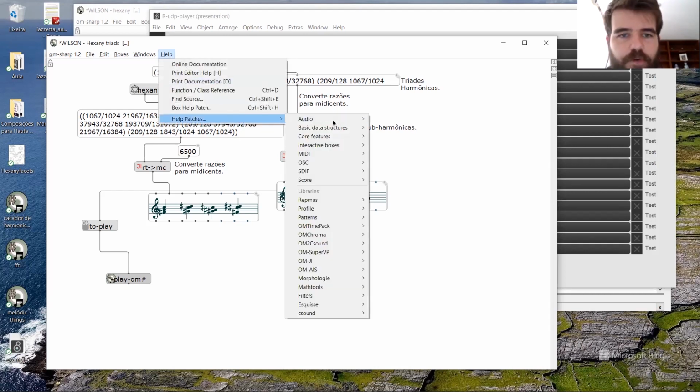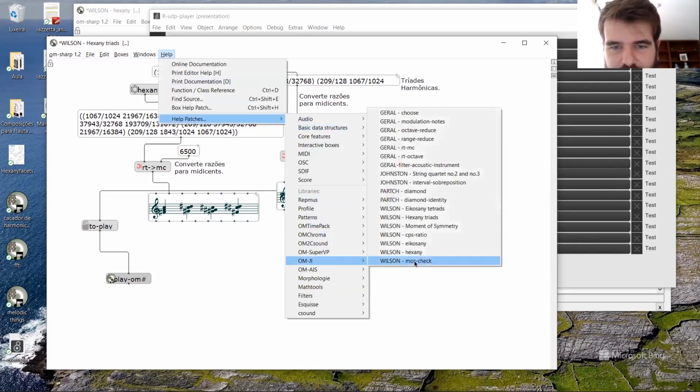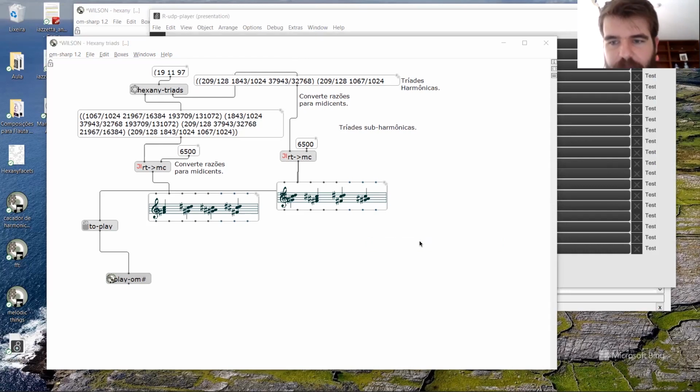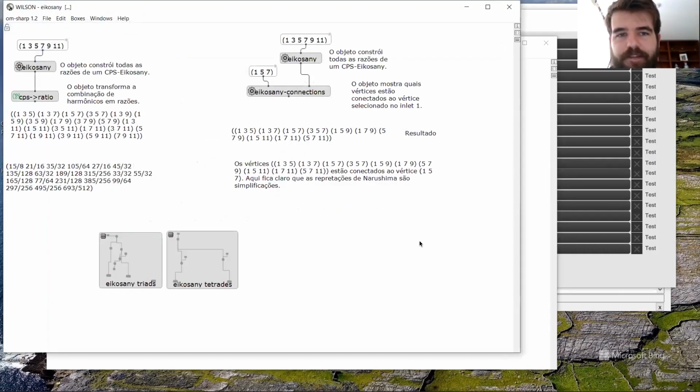In a faster way, we have the eikosany, which is again one CPS, but a much bigger one. It's the same concept, but now we're dealing with a lot more connections. In the hexany each vertex has just 2 harmonics.